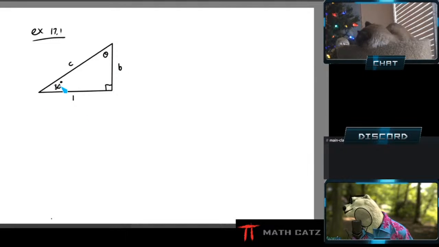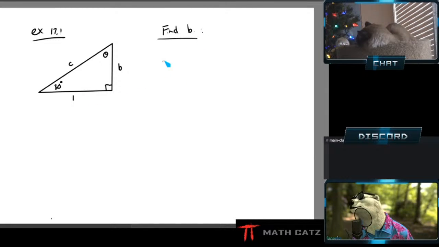I try and use as much of the given information as I can, and just build on that. So we can say, maybe find B. There isn't a specific order here. I just maybe want to find B first.